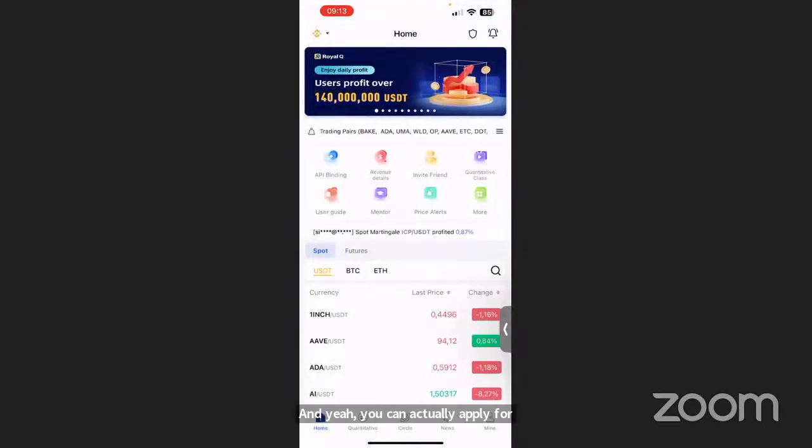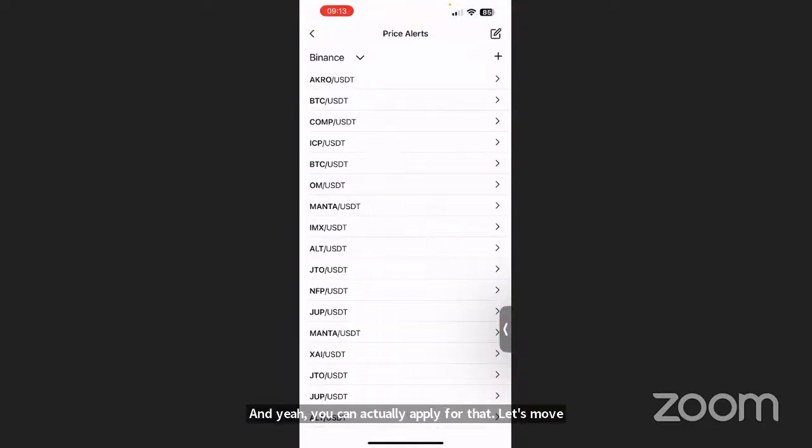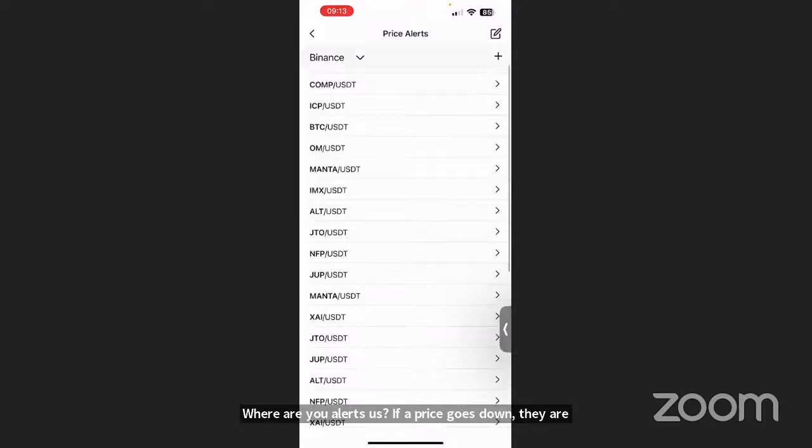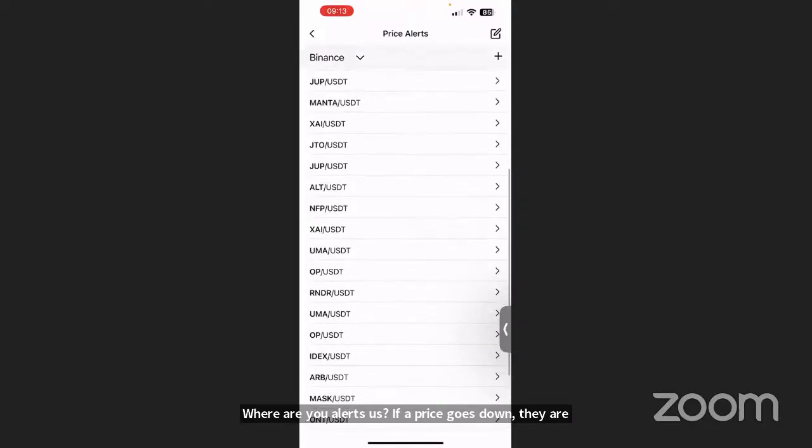Let's move on to price alerts. Some people access that. How do you know if a coin has gone up? Some people have turned on price alerts, so anytime the price of a coin goes up, Royalq alerts us. If a price goes down, they alert us. Only if you've turned on this button and selected the coins you want to follow.